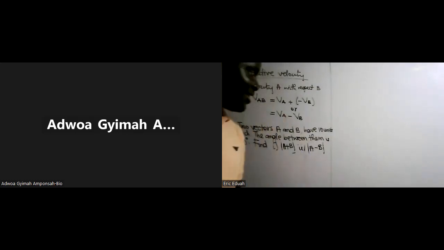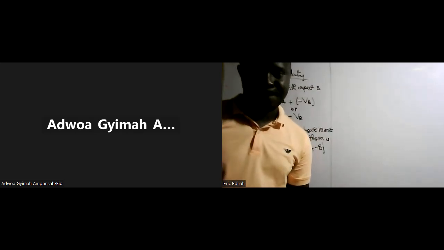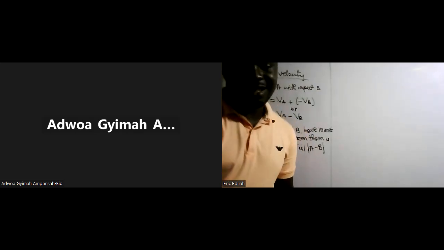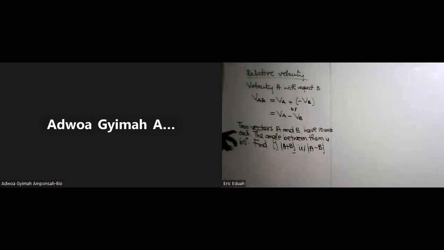Okay, all right. So let's look at I. So two vectors A and B have 10 units each.